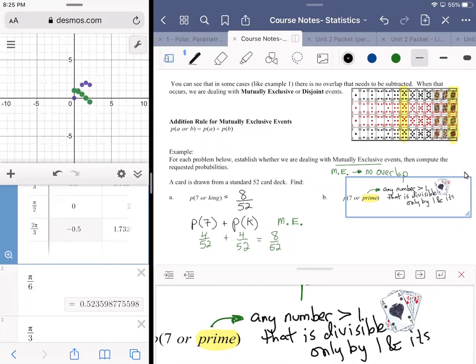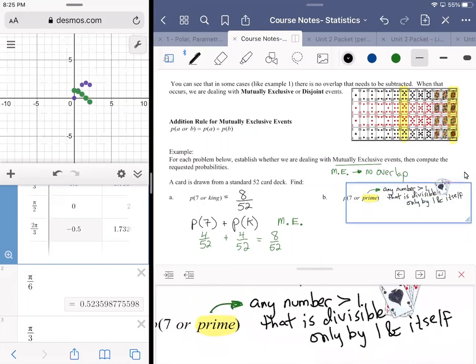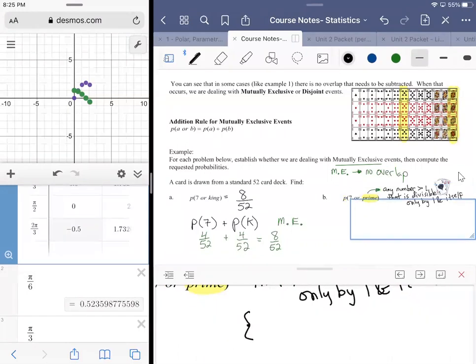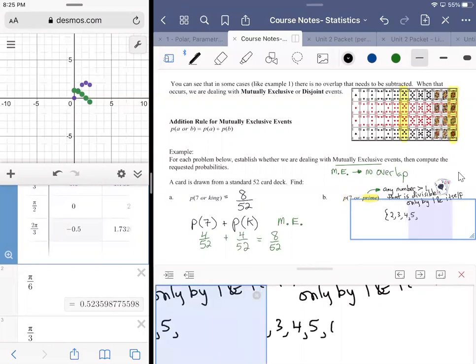Now, we talked about this when we were going over sample spaces, but in an effort to not flip back and forth between pages, I thought it was a good idea to put the definition here and go through the possible numbers in a deck of cards: 2, 3, 4, 5, 6, 7, 8, 9, and 10, and just identify which ones are prime.